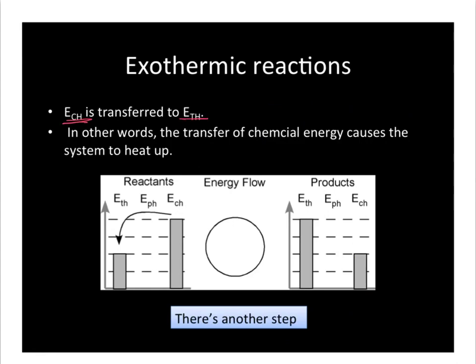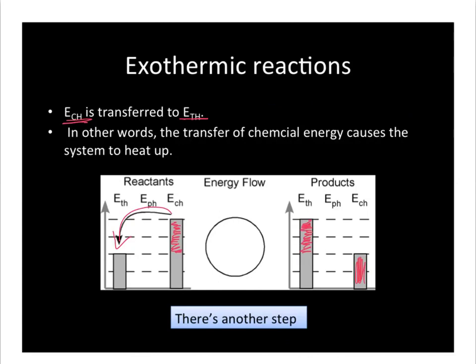So those 2 bars that we saw in the last slide that left the system are moving over to ETH. And so we have these 2 bars are now hanging out here. Our chemical energy is back down to where it should be. It's dropped to the product level, which is much lower.